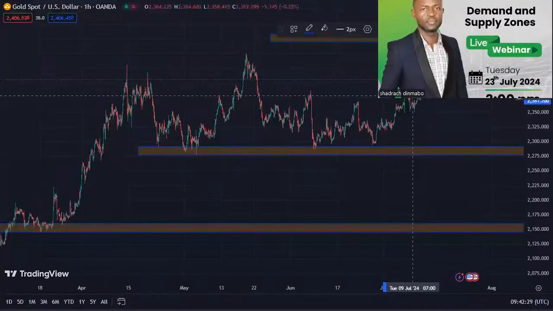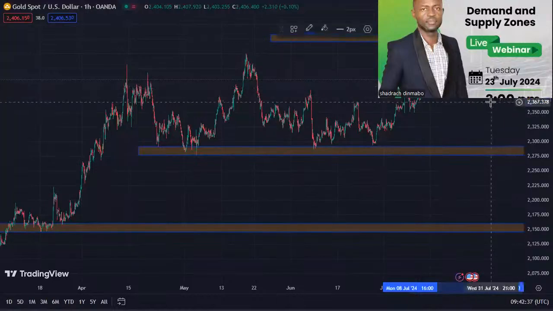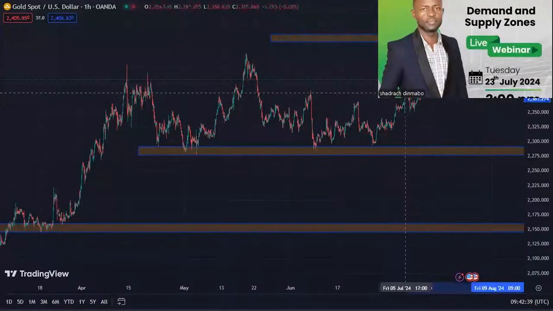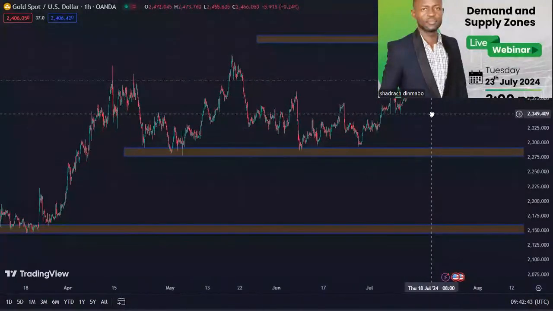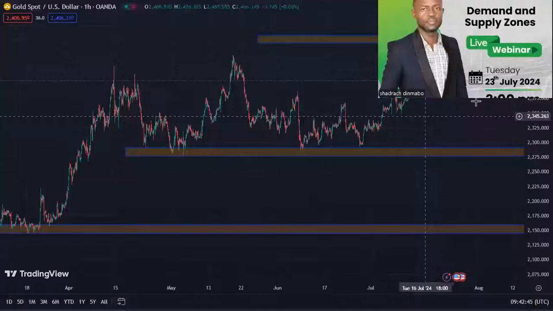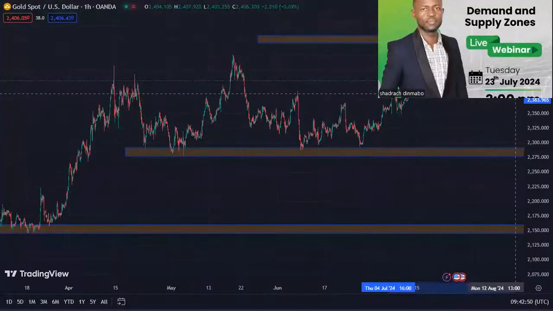Let's put another one here. I think that one is fine. So we have another one at this zone. You can see this is another demand zone that is formed.